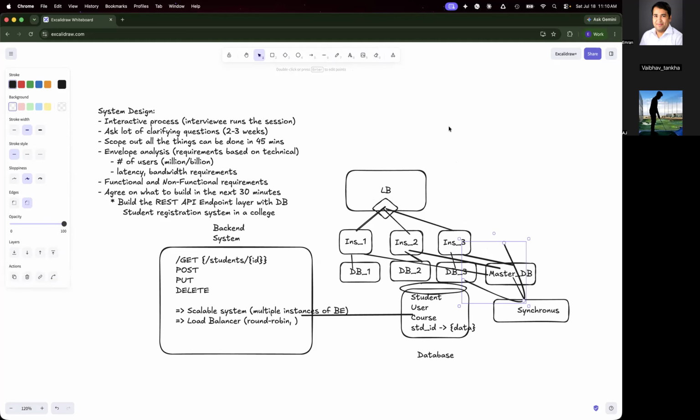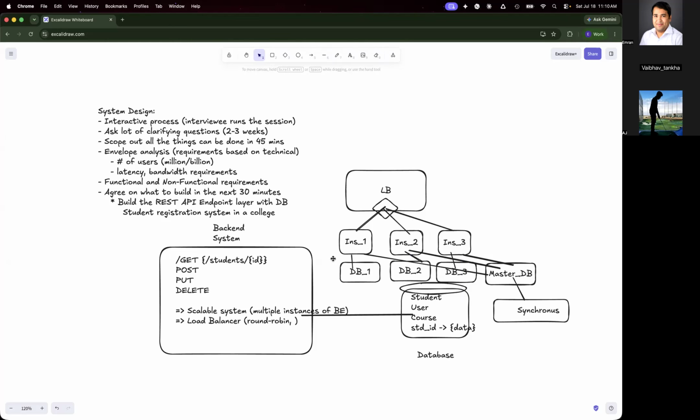What you do in that case is the master DB always has a synchronous job that is connected to all those DB1, 2, 3 and synchronizes all that data, maybe every minute, so that it's not stale data when it's reading. The synchronous job will need some sort of server to figure out what things you need to care about.